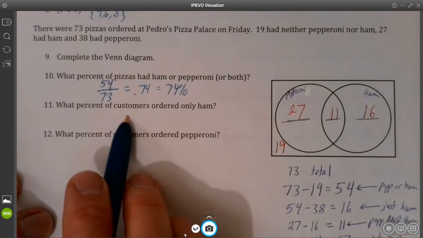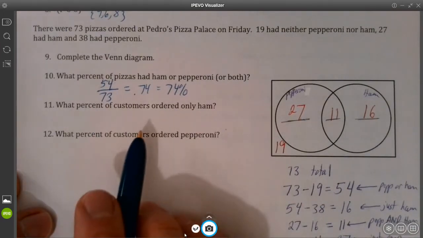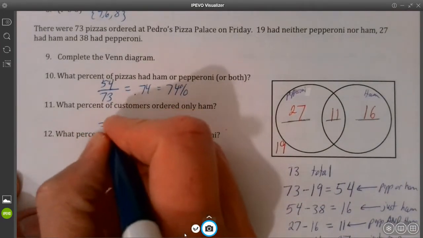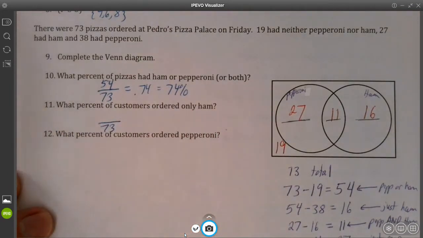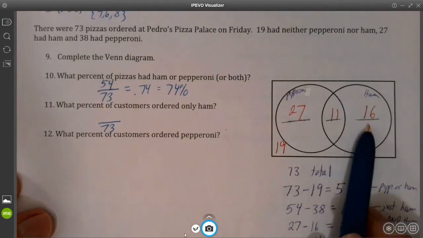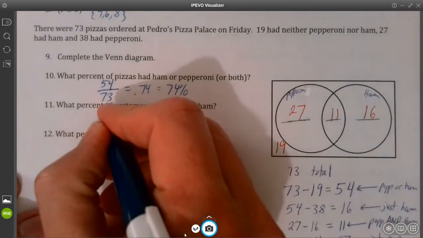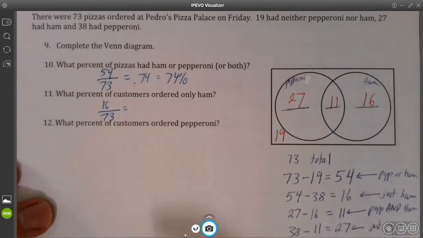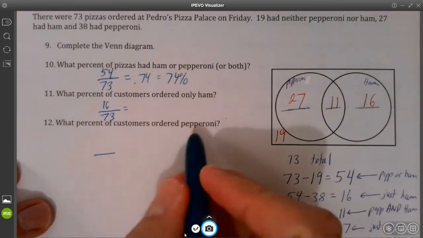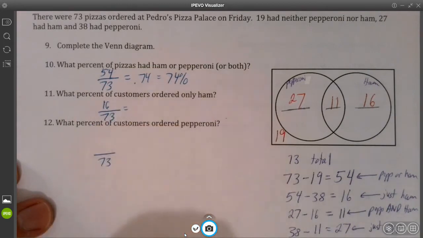What percent of customers, total customers? That's also 73, worded slightly different. What percent of customers ordered only ham? Just ham, no pepperoni and ham, just ham. 16. 16 out of 73. And then what percent of customers ordered pepperoni?